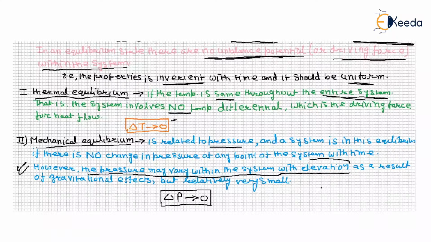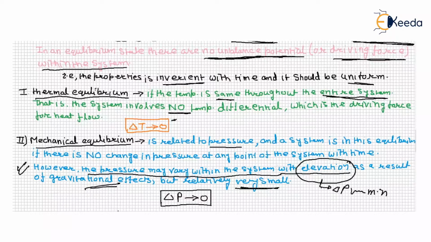This is very minimum, so we can neglect it. However, the pressure may vary within the system with elevation as a result of gravitational effect, but relatively very small. So if there is any variation of the pressure in the system, it must be because of elevation due to gravitation.